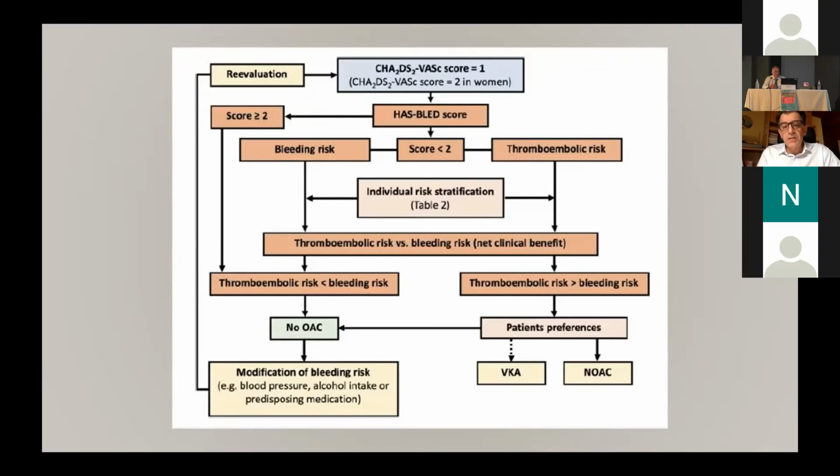According to the CHA2DS2-VASc, we could stratify our patient to the risk that they have, and according to the thromboembolic risk versus the bleeding risk, use the new anticoagulants or the classic VK drugs that we have.